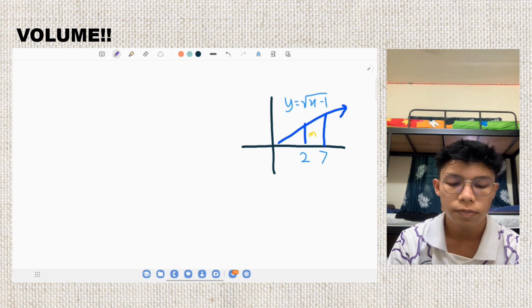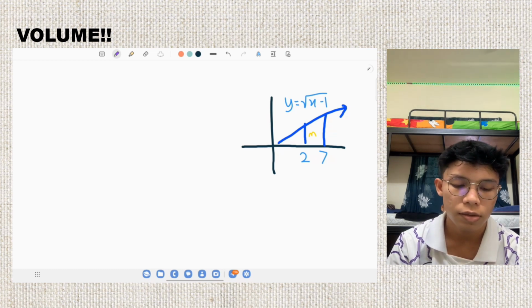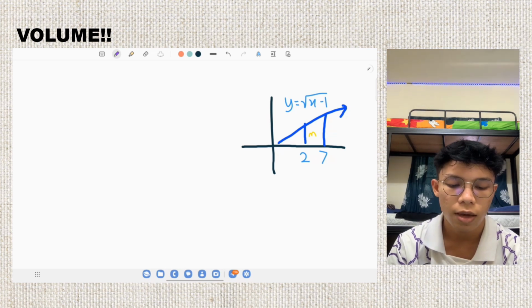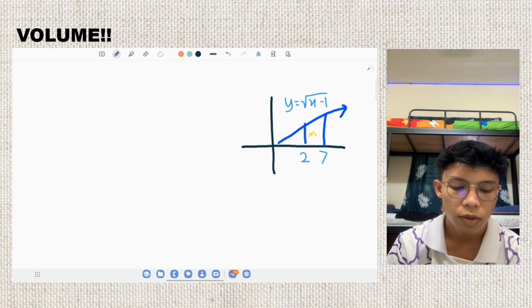You can see that the radius is from the x-axis, which is the middle, all the way to the line, which is y equal the square root of x minus 1. So that height is y, which is the square root of x minus 1.